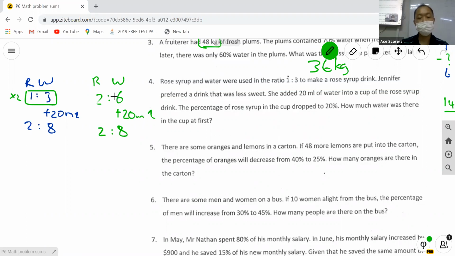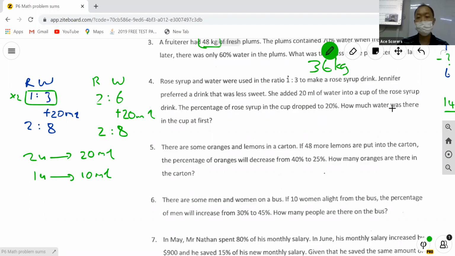Okay, so can you see now it's very clear. 2 units represents 20 ml. Right, 2 units represents 20 ml. So 1 unit is 10 ml.